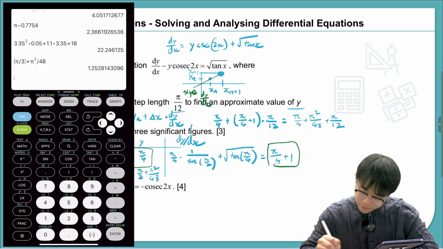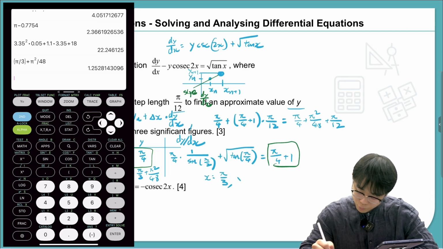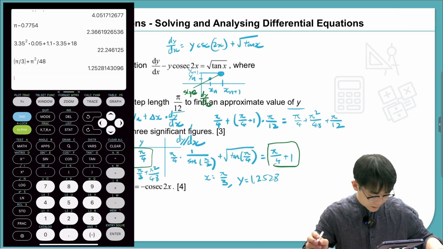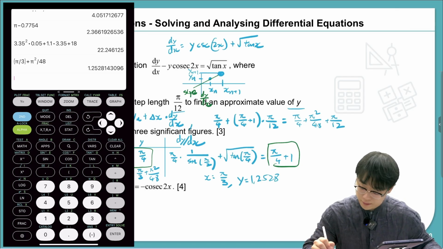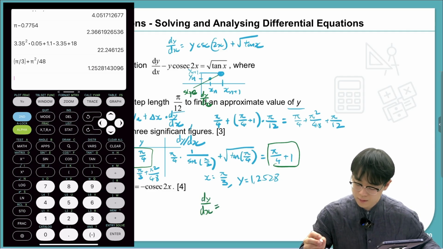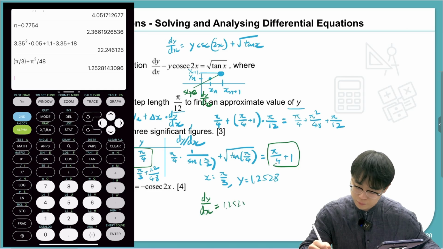So our x value is pi over 3, our y value is 1.2528. Okay, so we're going to use that to find the new dy over dx. The new dy over dx is simply going to be 1.2528 times cosecant 2 pi over 3 plus square root of tangent pi over 3.